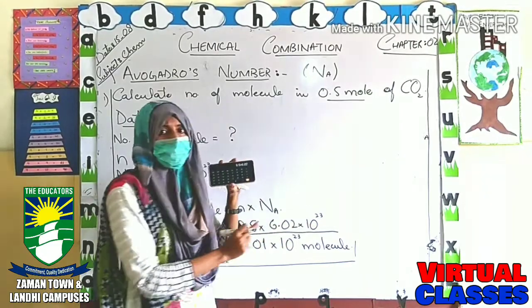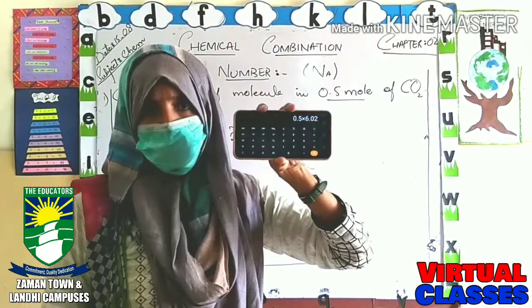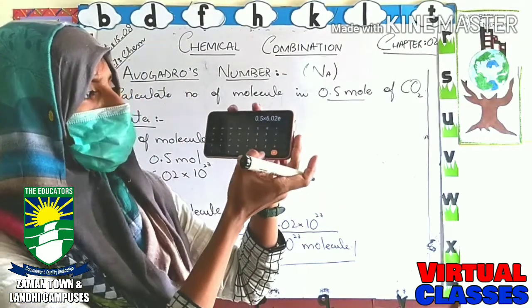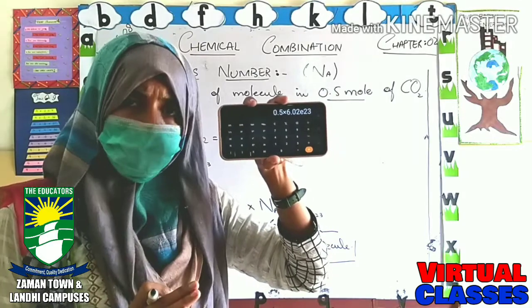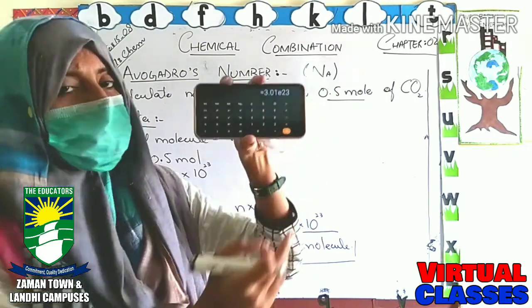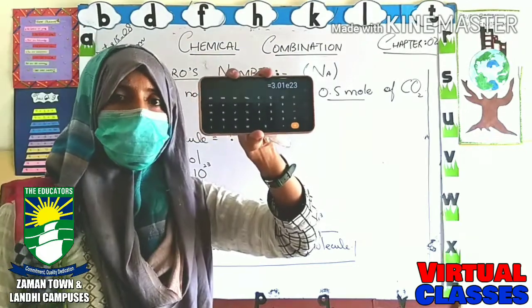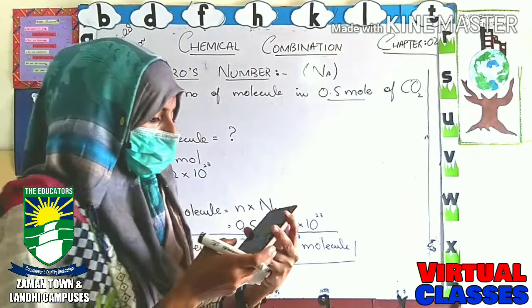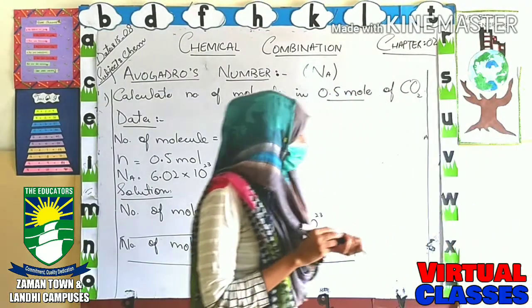In its replacement, there is a sign of exponent in your scientific calculator. Press this sign, and after that its power, that is 23. Now you will get the answer, that is 3.01 and exponent 23. Okay, again I am repeating this numerical.